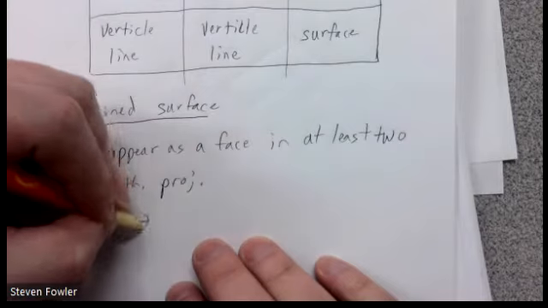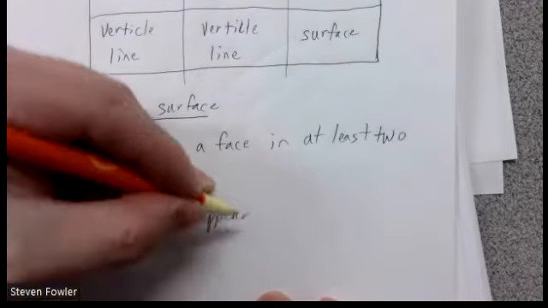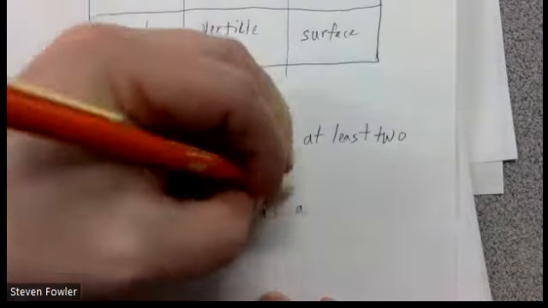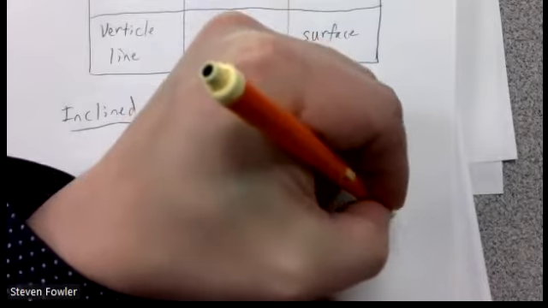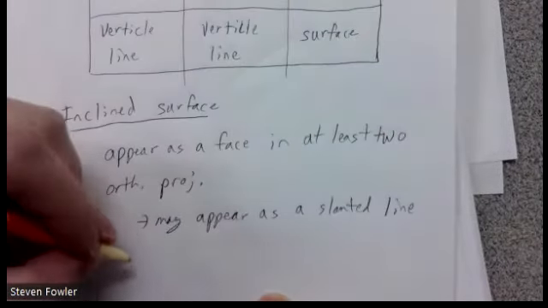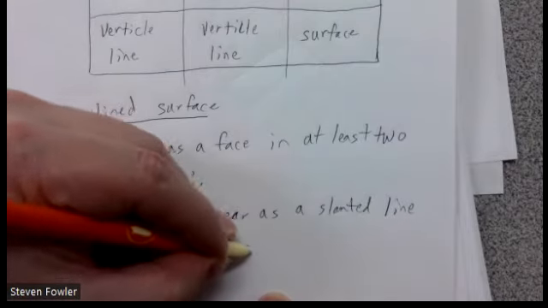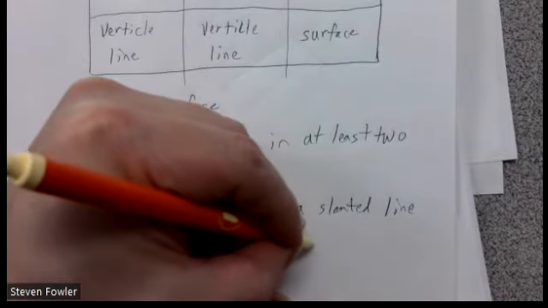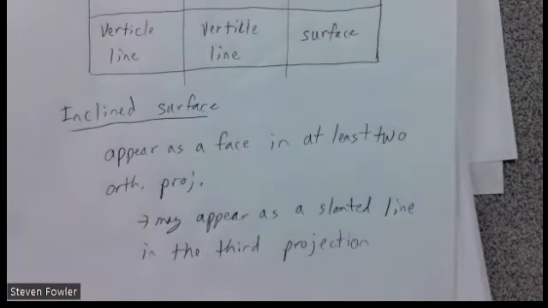It may appear as a slanted line in the 3rd projection. Most of the inclined surfaces we'll deal with will appear as a line in at least one projection, but again, it's not hard to imagine situations where it's a face in all three.